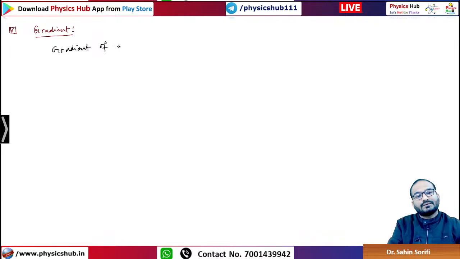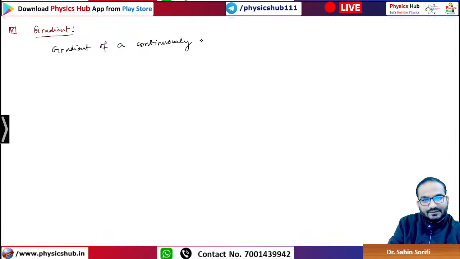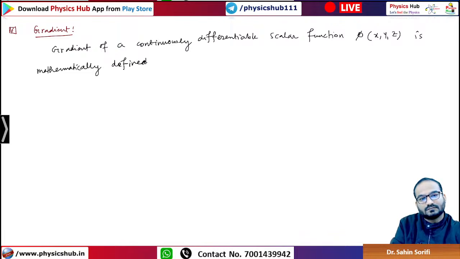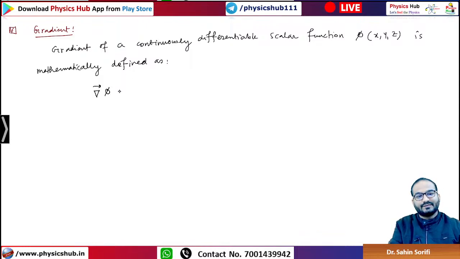So the gradient of a continuously differentiable scalar function phi of x, y, z is defined as grad phi.